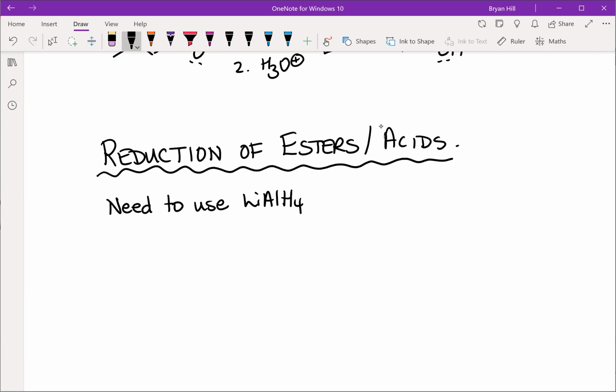So for the sake of this course, when it comes to an ester, you would want to use lithium aluminum hydride, not sodium borohydride, because it's not a reliable reaction. You can find the odd example where it works, but lithium aluminum hydride always works.